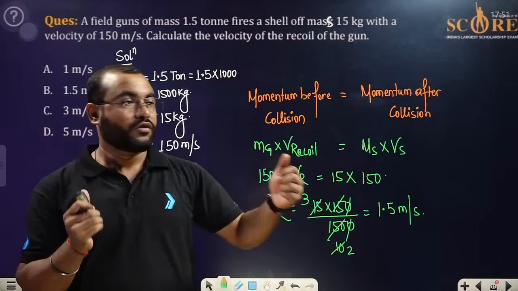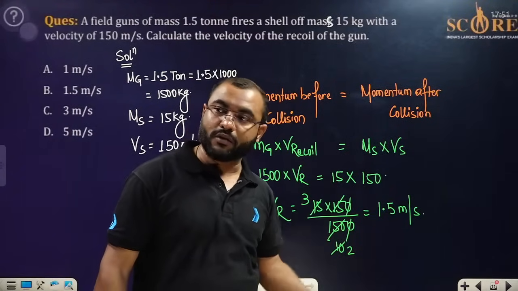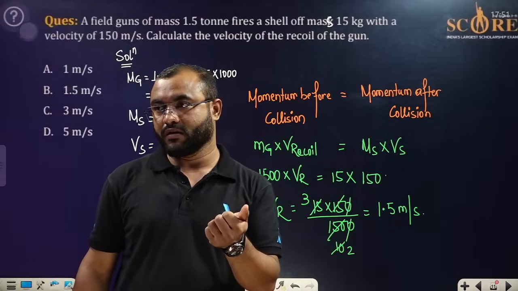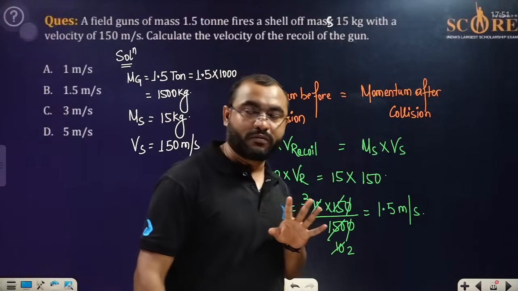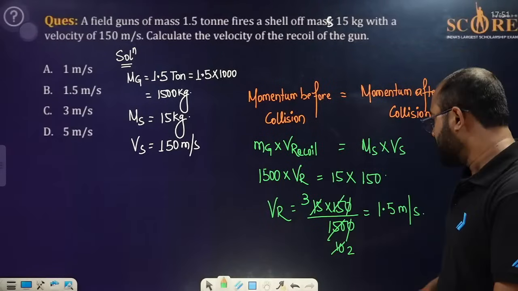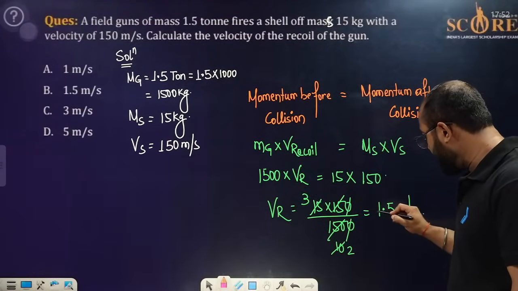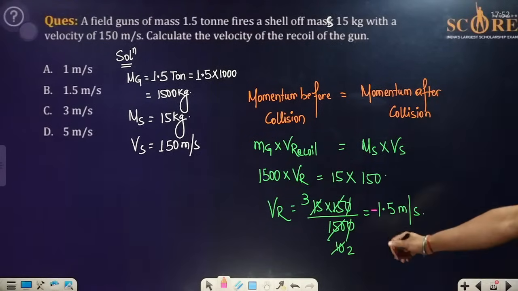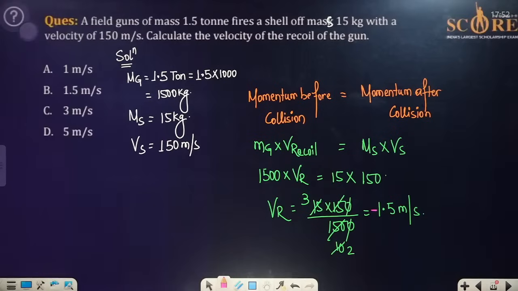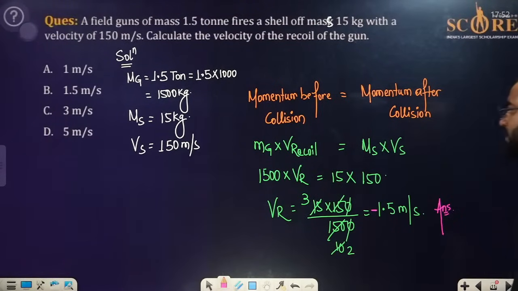So there will be an option of 1.5 meters per second, and there will be an option of minus 1.5 meters per second. If the option is written as minus 1.5 meters per second, choose that. Because recoil is opposite to the direction of the bullet, it will be represented with a negative sign. And this will be your answer, people.